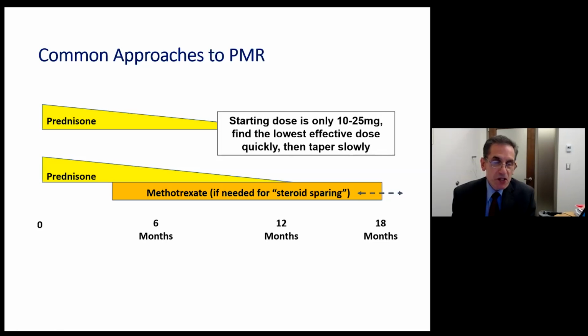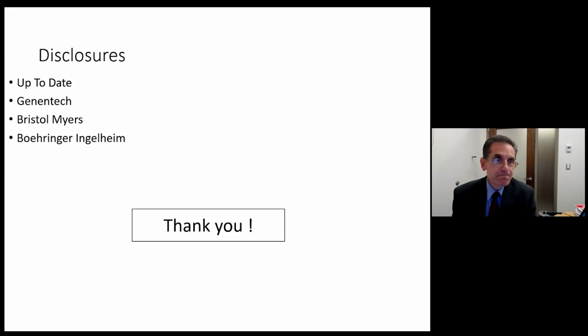Remember, starting doses of prednisone are typically 10 to 25. Most patients don't need more than 20. The goal is to find the lowest effective dose and then taper slowly thereafter. Therapy can last between 1 and 2 years, as mentioned before.